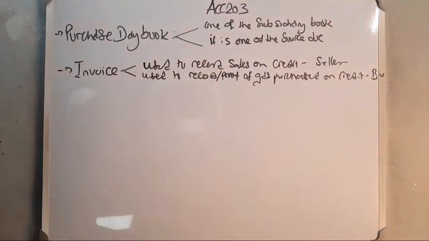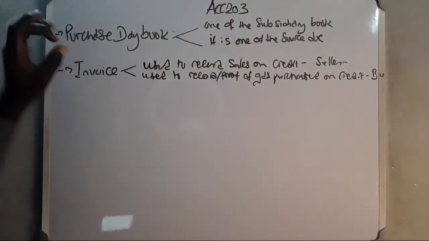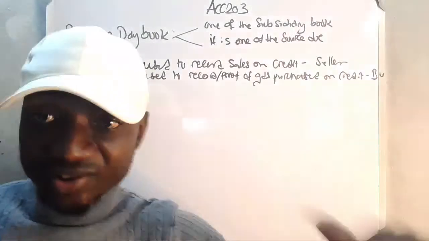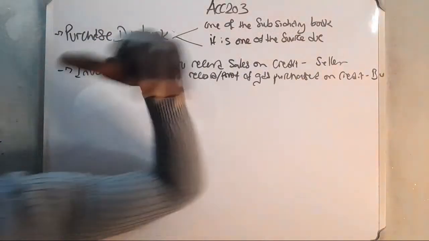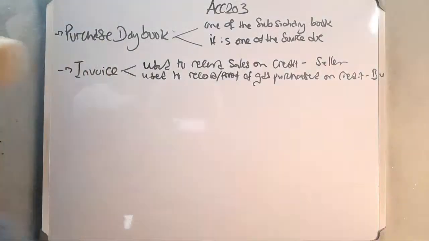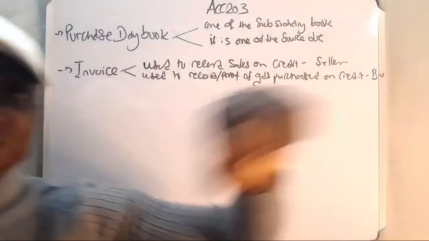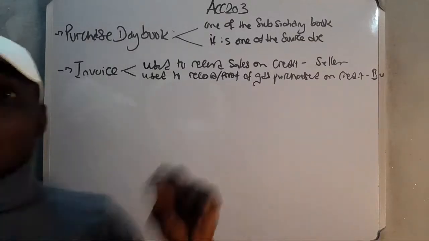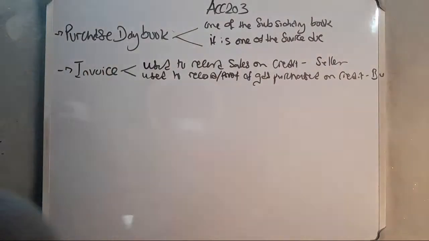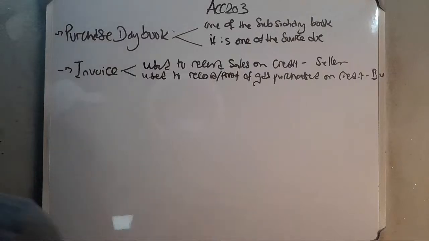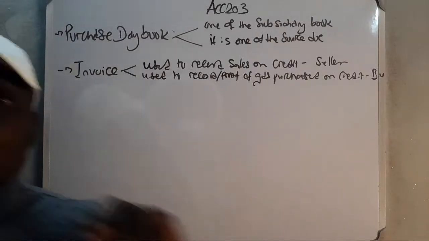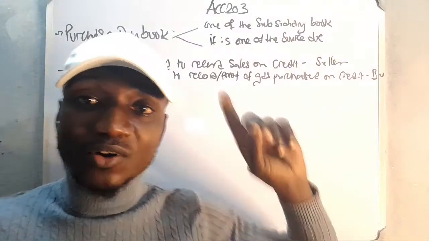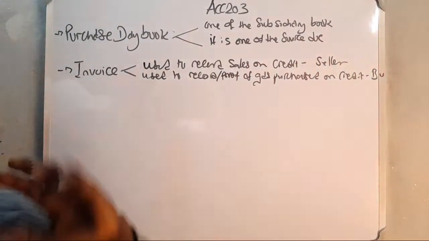So this same document can mean different things to different persons. The seller is going to use it as a record that says, I sold some goods on this day of the week, but I have not collected money.